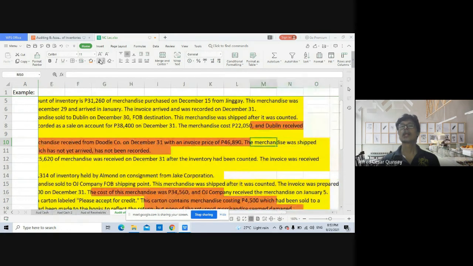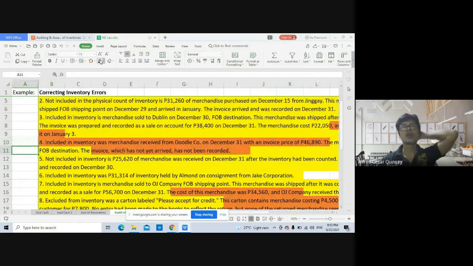So the merchandise was shipped FOB destination. We have received that on December 31. It has reached its destination on December 31. So it's just right that we have included that. So that's why we didn't do anything on this particular transaction, no.